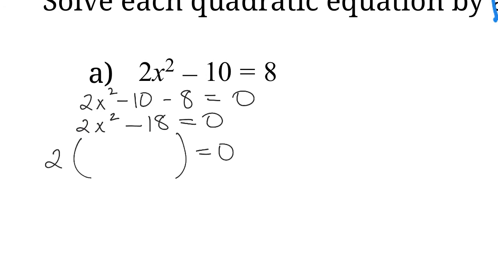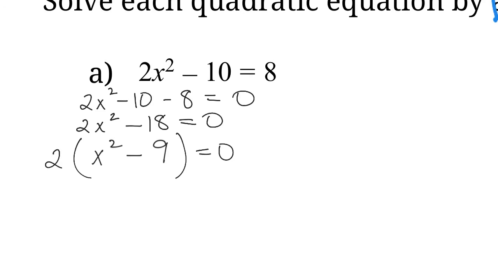Hopefully you're at a stage now where you're comfortable with doing that division in your head, and you don't necessarily have to show every single step on paper. If you still need to do that in order to help you get to the final answer, go right ahead. So 2x squared divided by 2 would be x squared, and -18 divided by 2 would be -9.